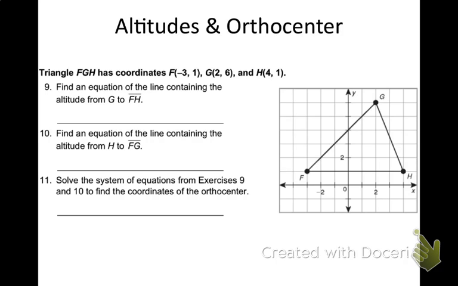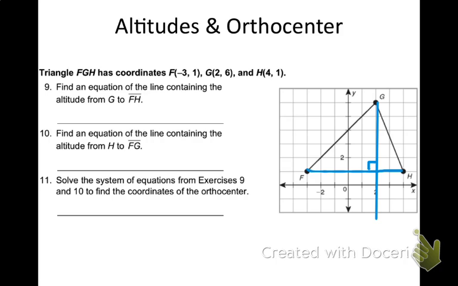I see a horizontal line. So I know my altitude then has to be a vertical line. Nice job. So here's my horizontal line, which means my vertical line would then be right there. Nice job. That is one of my altitudes then.